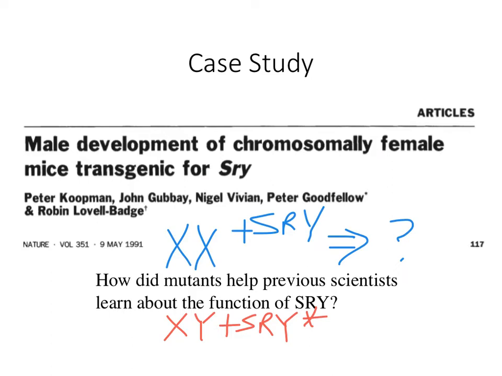And these individuals are phenotypically female. Which was the first indication that this gene was involved in sex determination. Because if you have a mutation in it that maybe makes this protein not work, then you don't develop as a male. So it implicates this gene in the importance of creating males.